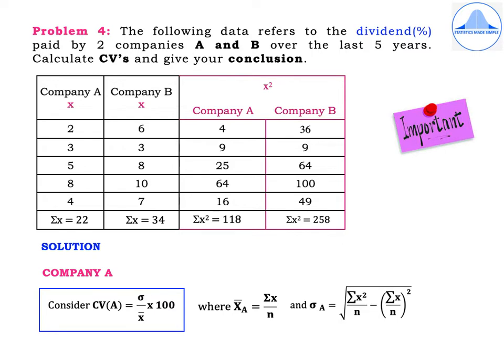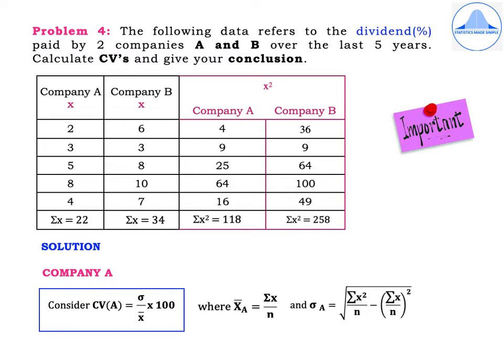So if you observe the formulae which are present, we need to find out summation x for company A, and we also have to find out summation x for company B later on, and we need x square values for company A and company B, and we need to find out what is summation x square for company A and company B.